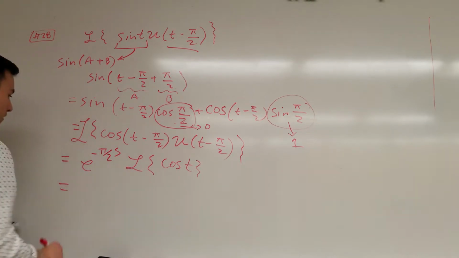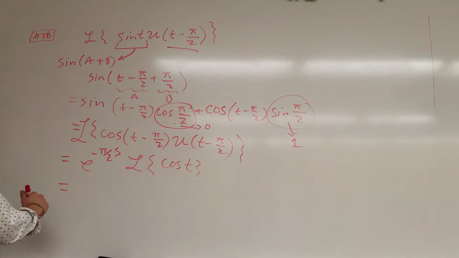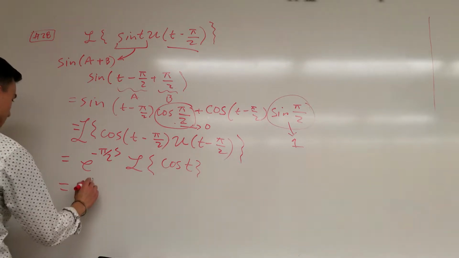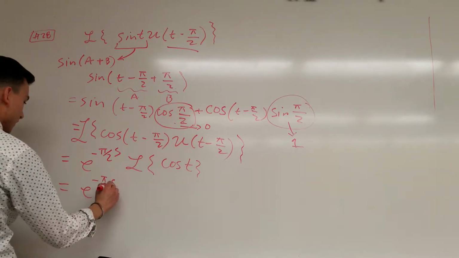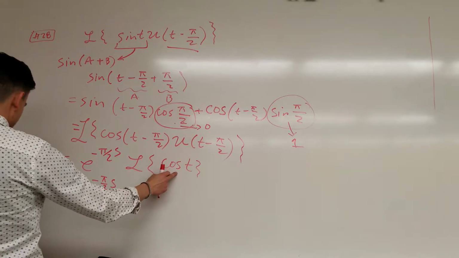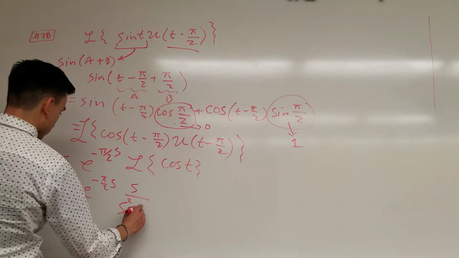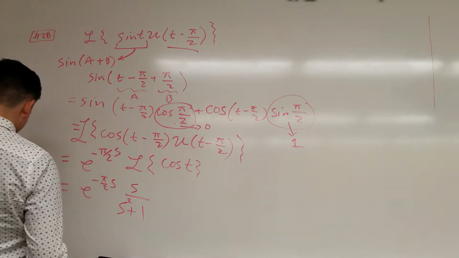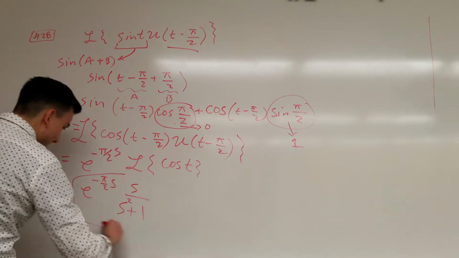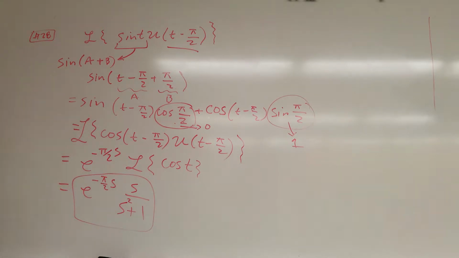And now, if I do this computation, I have e to the negative pi half s times s over s squared plus 1. And that's going to be my answer. So we basically use some more scary trig. Don't be afraid.